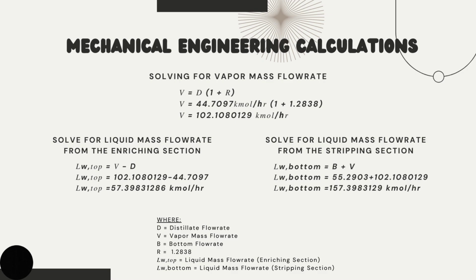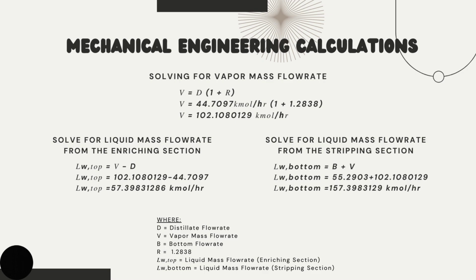Our distillate flow rate is 44.7097 kilomole per hour, and 1 plus the constant 1.2838. Then your vapor mass flow rate is 102.1080129 kilomole per hour.